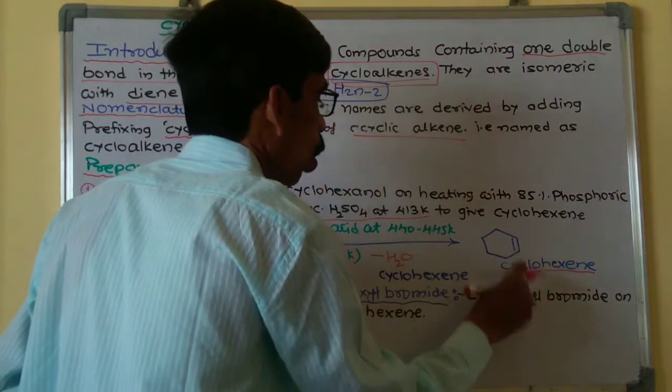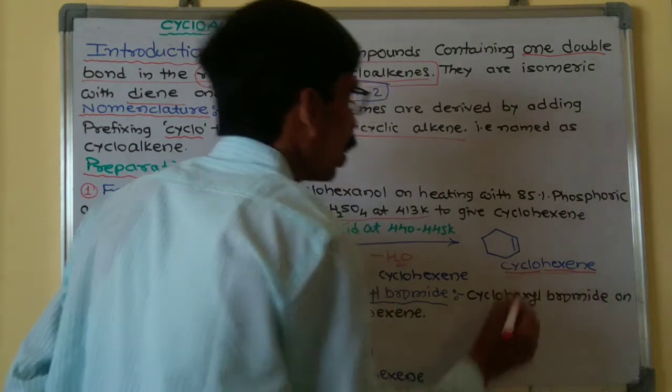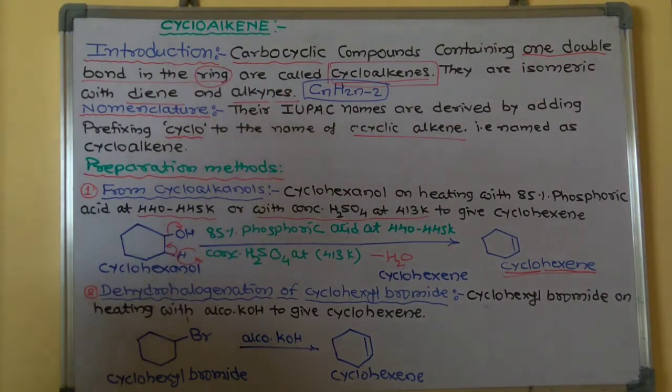Therefore a double bond is formed, and we get cyclohexene. So this is the first method, from cycloalkanols.